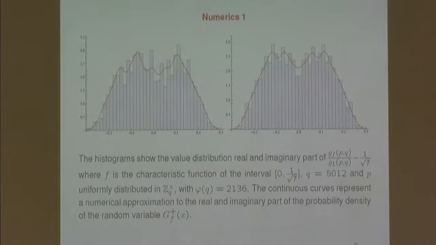So to illustrate this theorem, we have some numerics. This is for the case when Q is 0 mod 4. We pick Q to be 5012, and then we choose P uniformly distributed in Z_Q star. These histograms show the value distribution of the real part and the imaginary part of this function here.